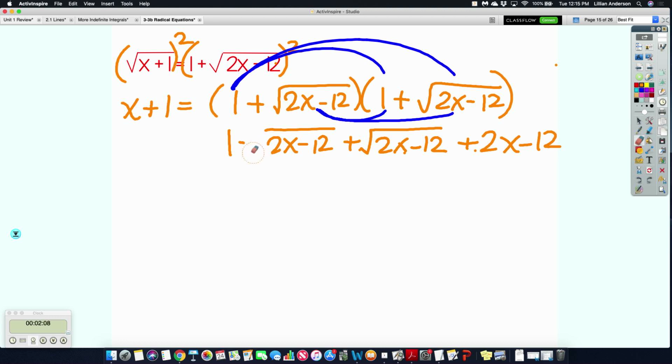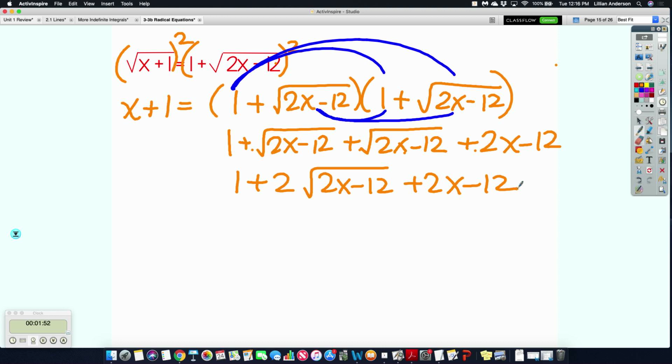So this is a 1 square root of 2x minus 12 and a 1 square root of 2x minus 12. So when you add them together, that gives you 2. Getting there.